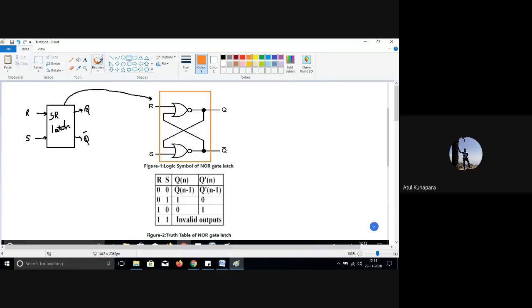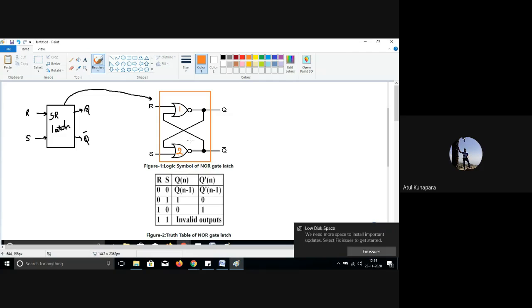You can say this is NOR gate number 1, this is NOR gate number 2, and they are cross coupled, means the output of the first NOR gate is applied to the input of the second NOR gate, and the output of the second NOR gate is applied to the input of the first NOR gate, like this. And another input to the first NOR gate is your reset input, and another input to the second NOR gate is your set input. Now what do you mean by set and reset here?